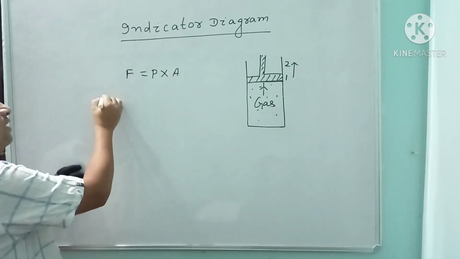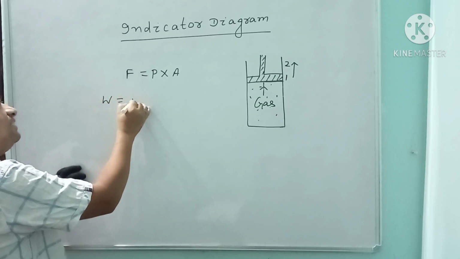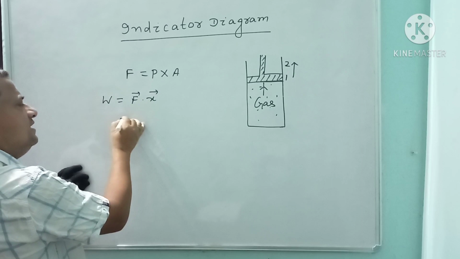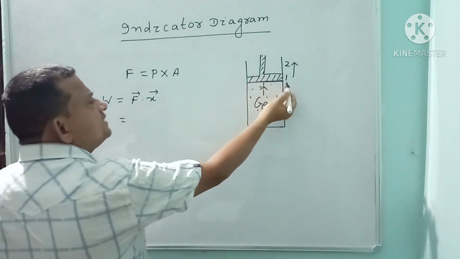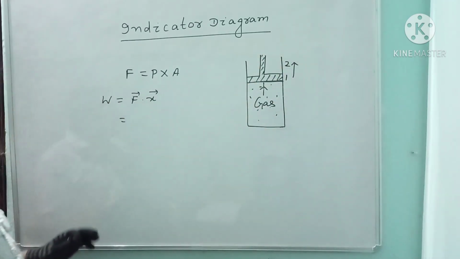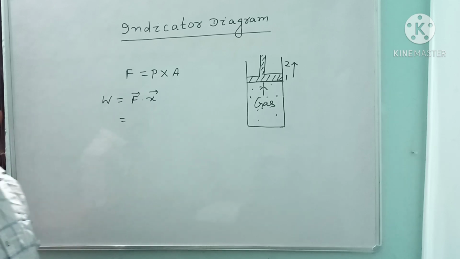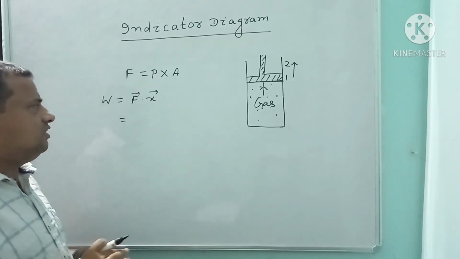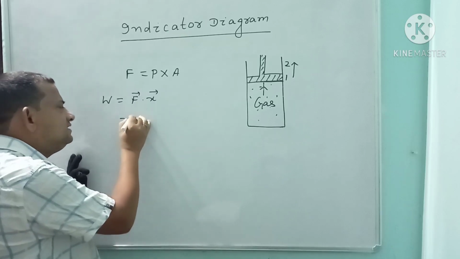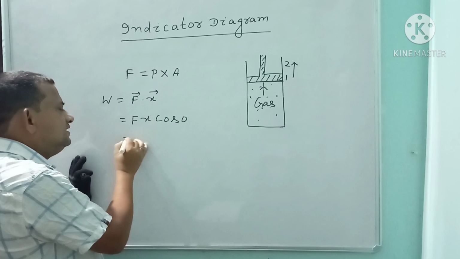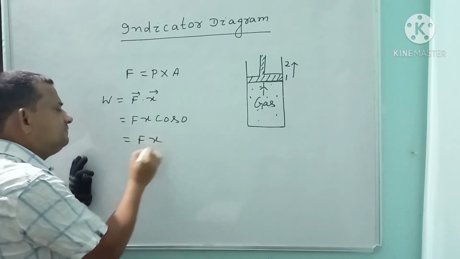But what is work done? Work is force into displacement. Since force and displacement are in the same direction, it is F x cos 0. This is F x.